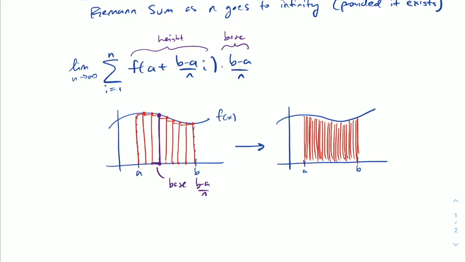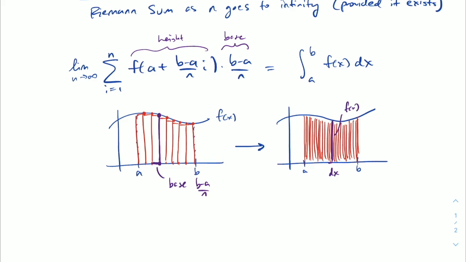And so if you take any one of these rectangles, you can't really see it, but its height we're going to call f of x, and its width we're going to call dx. It's infinitesimally thin, so it gets a differential name. And we give this limit some special notation. It's going to be the definite integral from a to b of f of x dx.